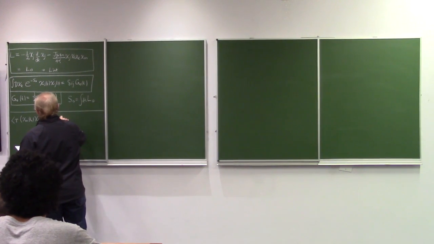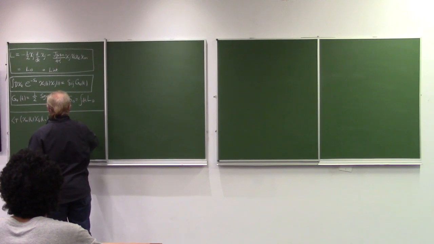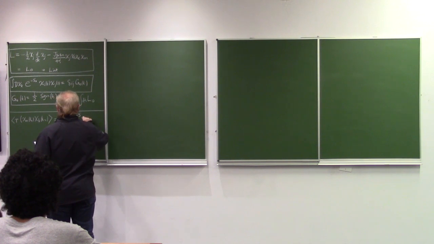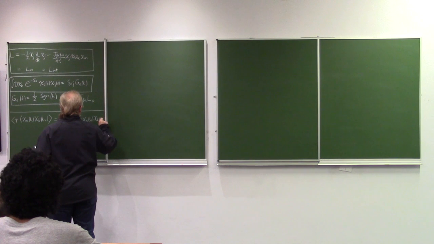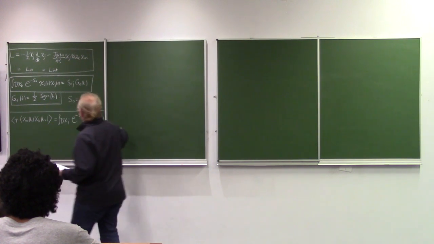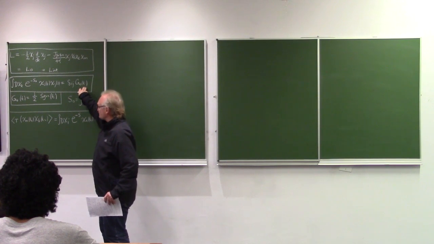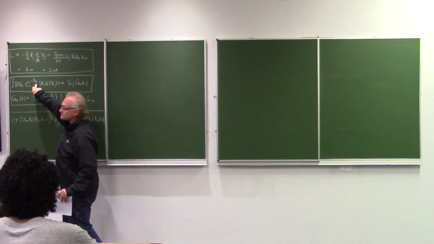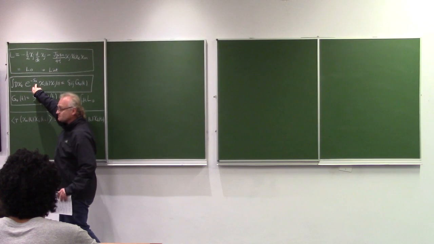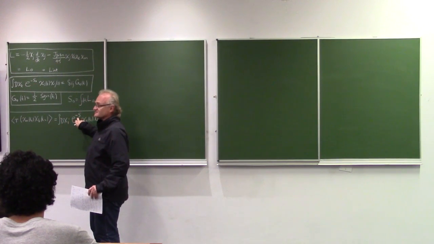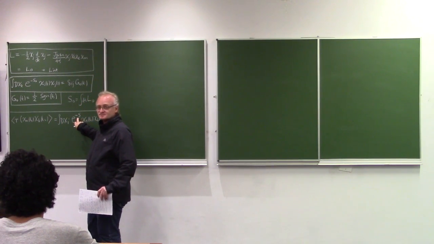I will have the integral d chi, e to the minus S, chi a of t1 chi b of t2. Now this is rather different to what we were considering there. The reason why it's different is the action here consists only of the free term. Over here the action consists of everything, the free term plus the interaction.